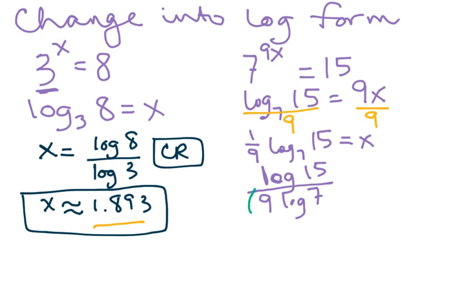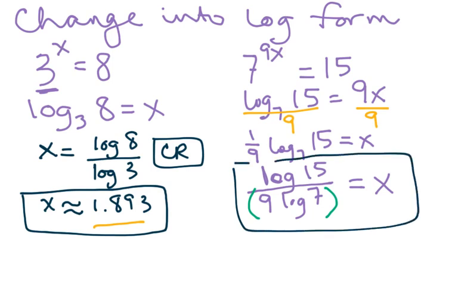One thing to note, you will need to put these in parentheses when you pop it into your calculator, because otherwise it'll divide by 9 and then multiply times log 7. You don't want that, clearly. So the answer here that you should get, now that this is calculator ready, is x approximates 0.155. If you don't get that, go back and use your calculator again, okay?